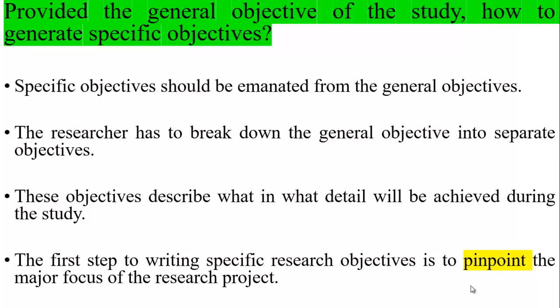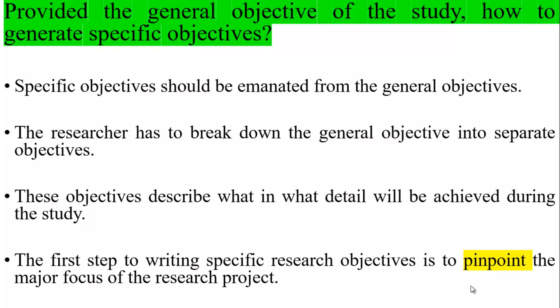And the characteristic of a good research is that its general objective should not be wide beyond the controllable scope, or narrow to the extent that it cannot be broken down into separate objectives. Therefore, balance should be there.